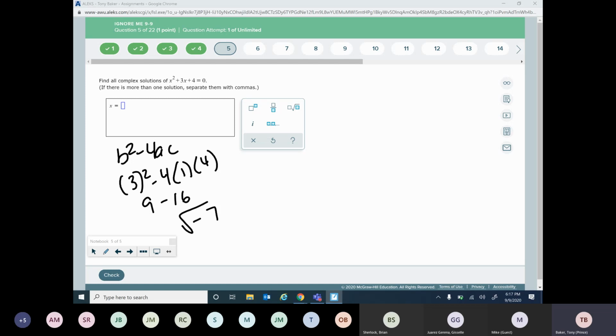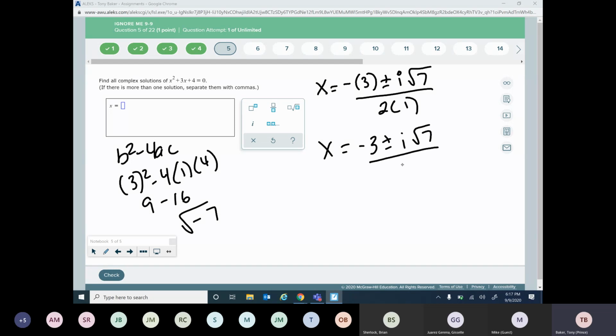So it's the square root of negative 7. So then x equals negative 3 plus or minus i square root of 7 over 2 times 1. So it's x equals negative 3 plus or minus i square root of 7 over 2.